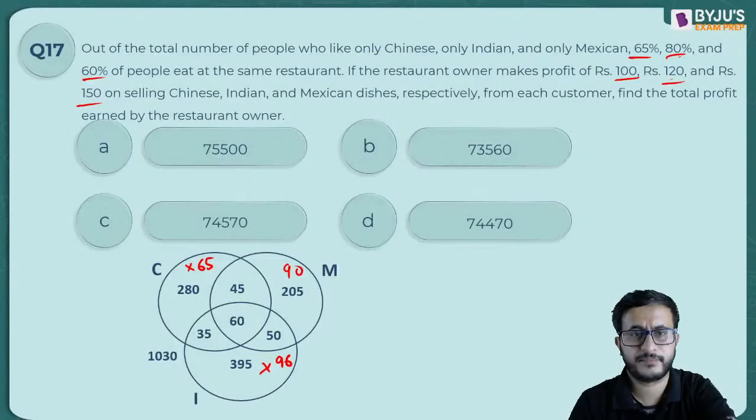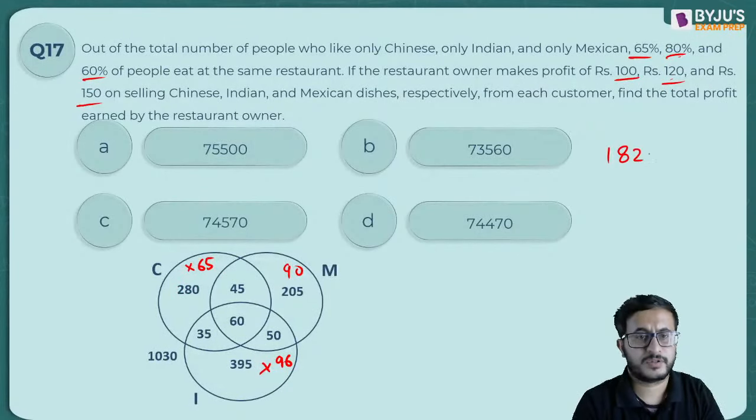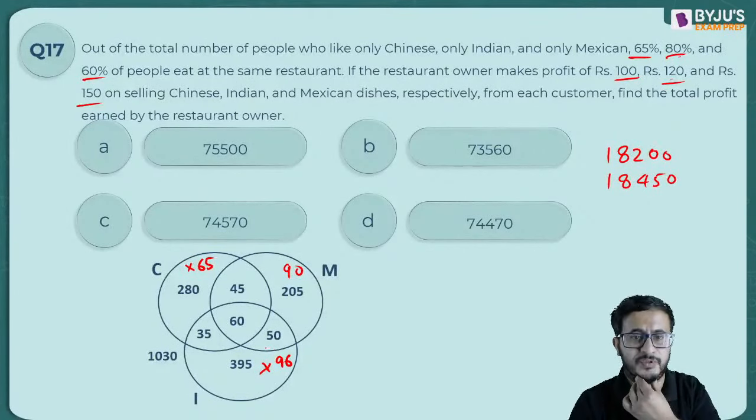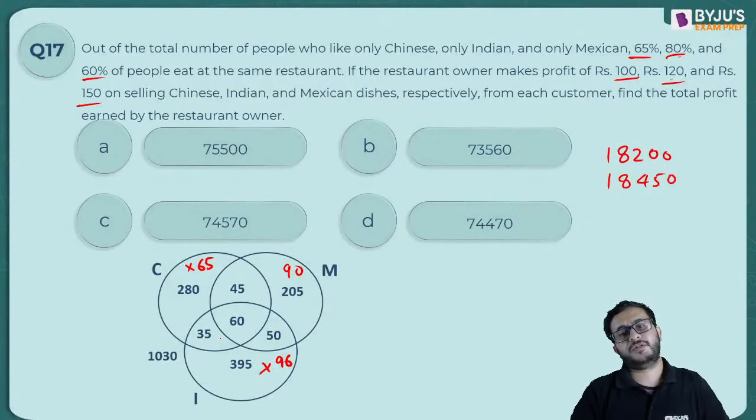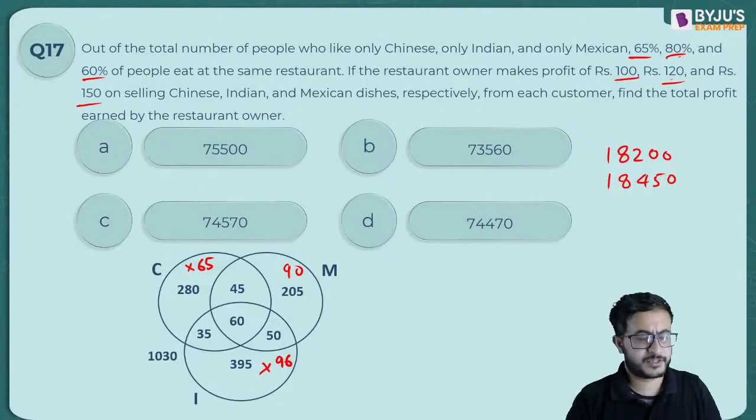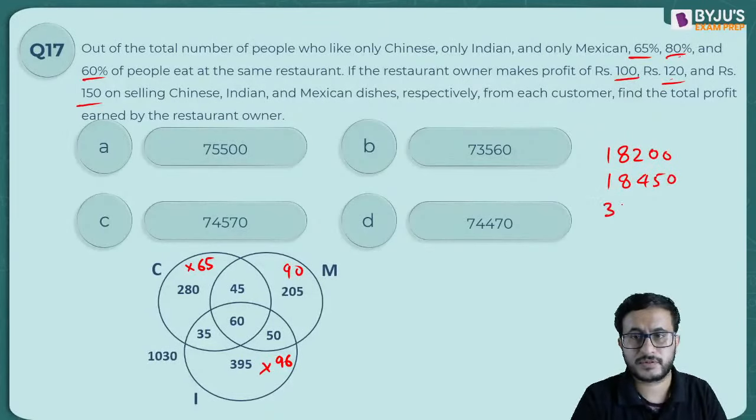So if you calculate this, ये आ रहा होगा 18,200. ठीक है, that will be 1845 this. ठीक है, 95 into 39500 minus, right?